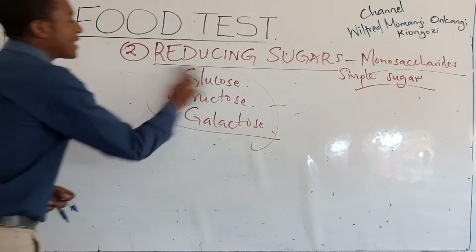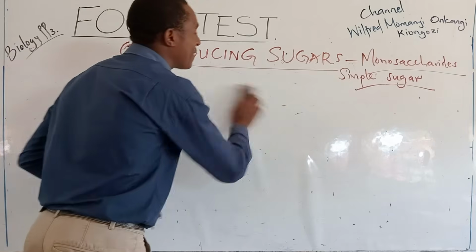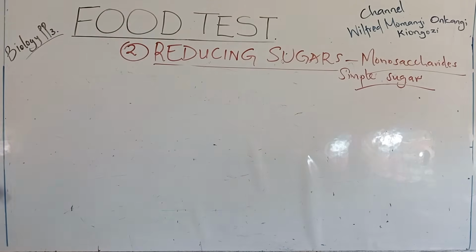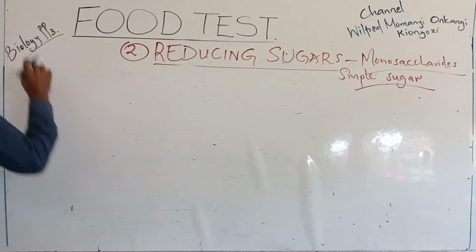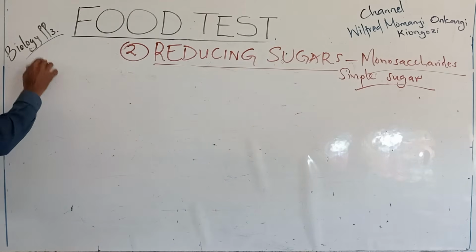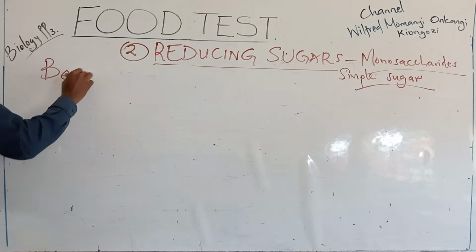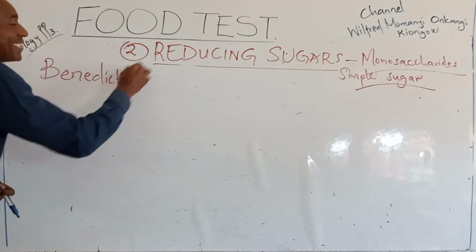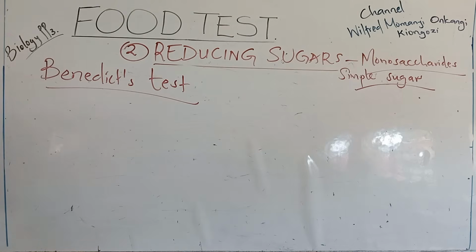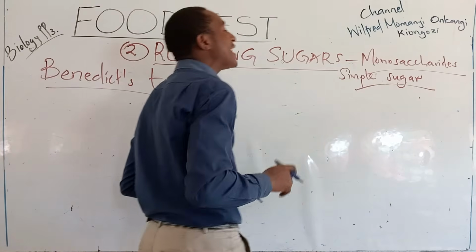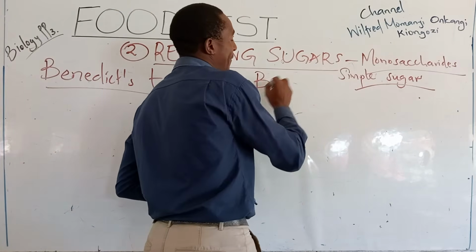Now, the procedure for this, but before that, we have the chemical reagent. Food test: reducing sugars test. Chemical test: Benedict's test. The chemical reagent is Benedict's solution.